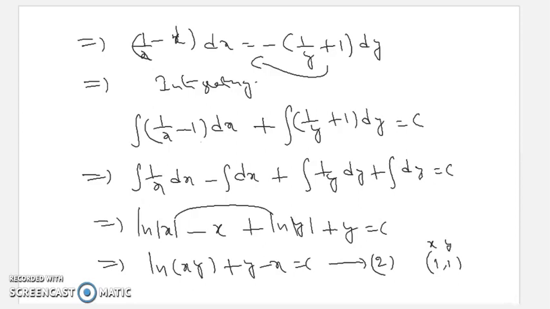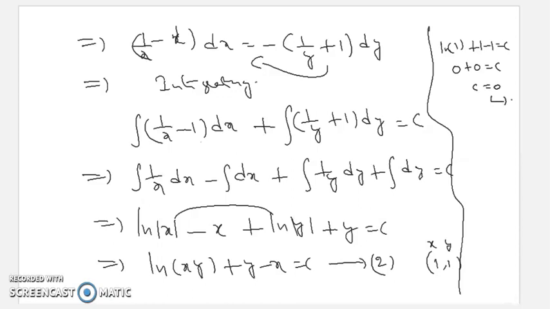Then we have ln of 1 into 1, plus 1 minus 1 is equal to c. ln 1 value already we know is 0, so 0 plus 0 is equal to c. So c is equal to 0. So this is equation number 3. From 2 and 3 we have c is equal to 0.